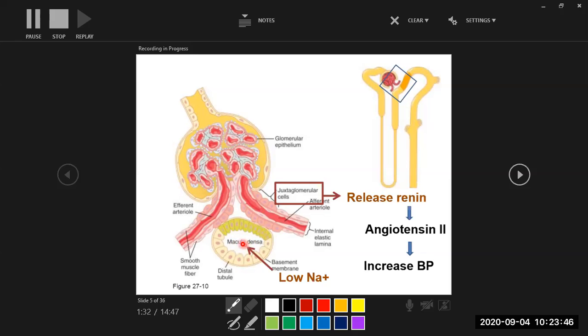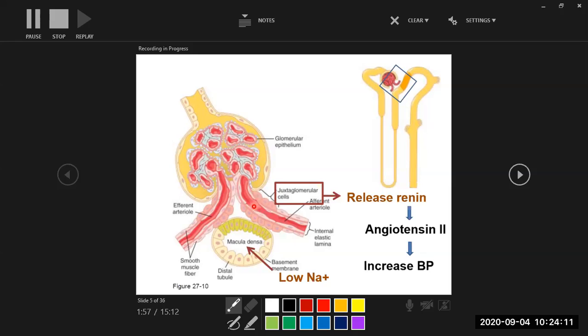So when, here in the macula densa, the sodium is low, it will release a signal to the neighboring arteriole, and that will trigger these cells, the juxtaglomerular cells, to release renin.